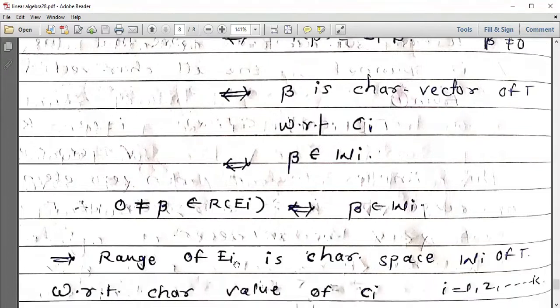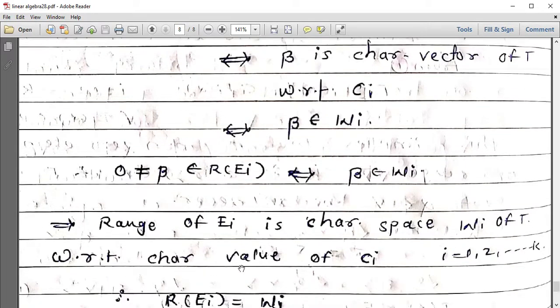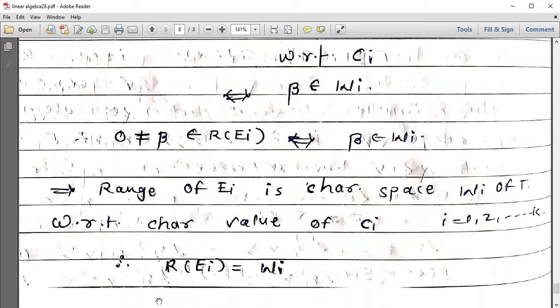Hence, range of Ei is the characteristic space Wi of T with respect to characteristic value Ci for i equal to 1, 2 up to k. Therefore, range of Ei is equal to Wi.